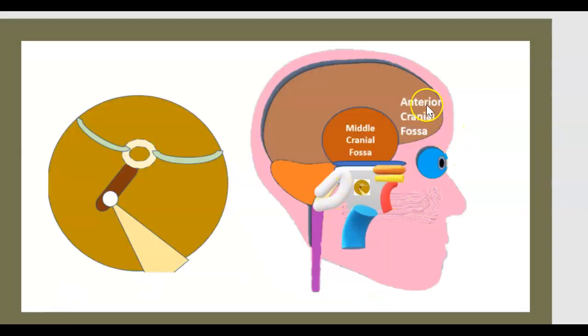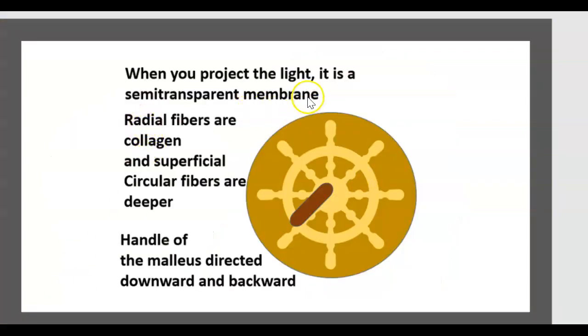From a sagittal view, anterior cranial fossa, middle cranial fossa, and posterior cranial fossa, here's the middle ear, and here's the tympanic membrane. When you project the light, it is a semi-transparent membrane. There are radial fibers of collagen, and superficial circular fibers are deeper. The handle of the malleus is directed downward and backward.